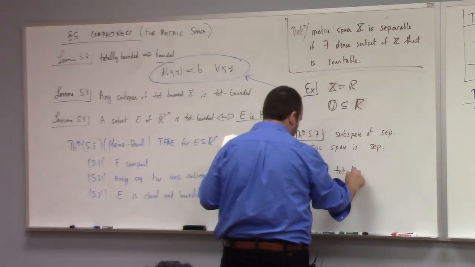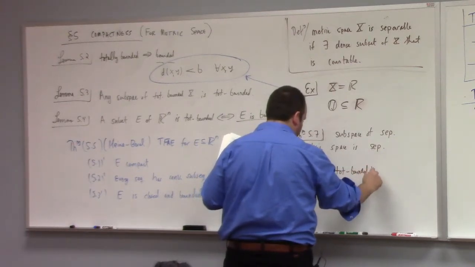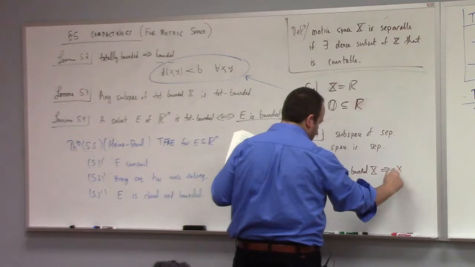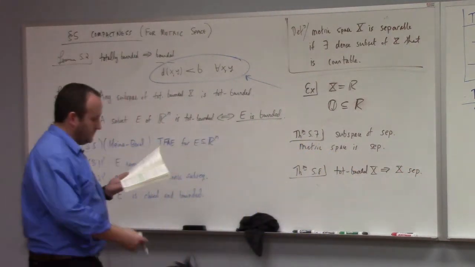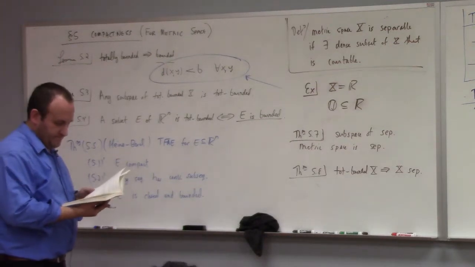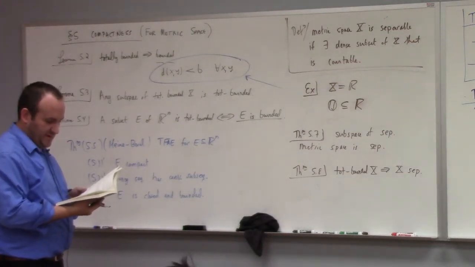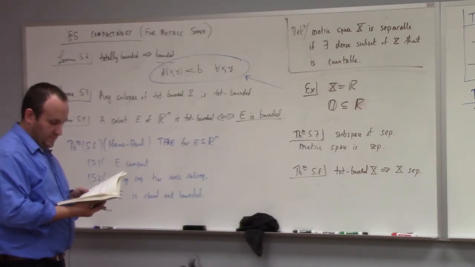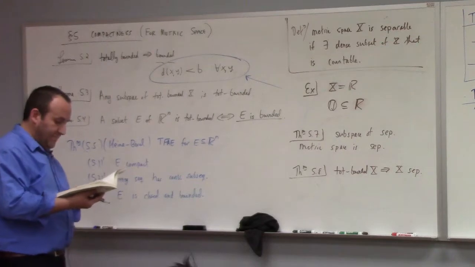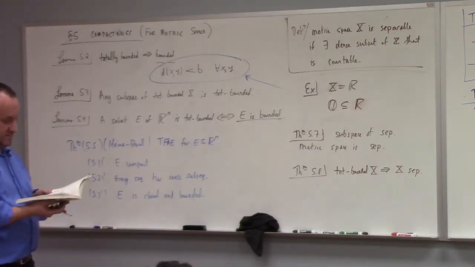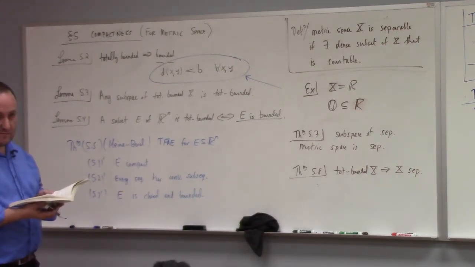Totally bounded X implies X separable. That proof doesn't look too bad. I should go on. Past the proof, we run into a paragraph of foreshadowing text.